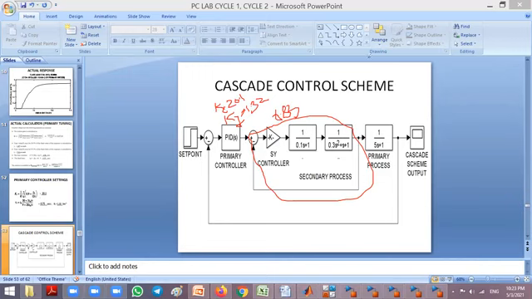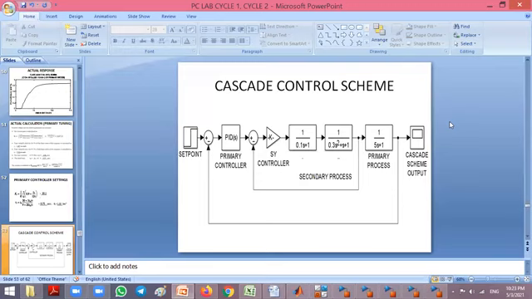With this, the first part of the experiment is getting completed. What is the second part? We have designed a cascade control scheme. Now I have to prove that this control scheme is better than the conventional control scheme, that is, the control scheme without any secondary controller.